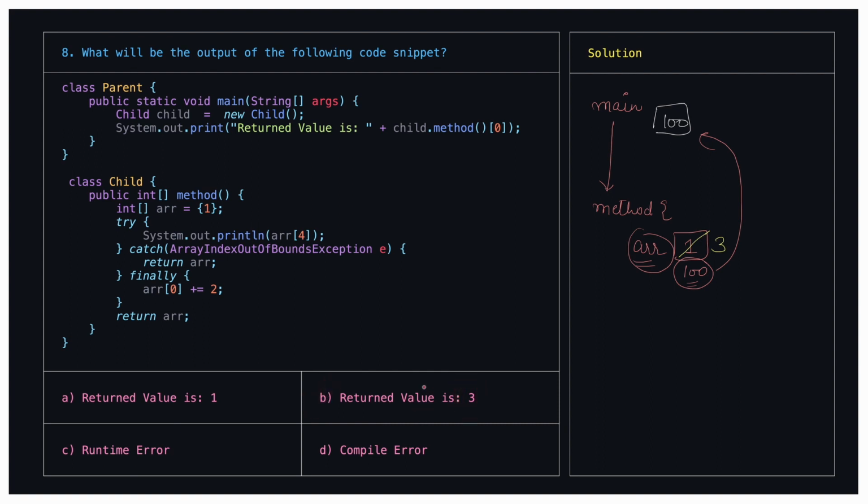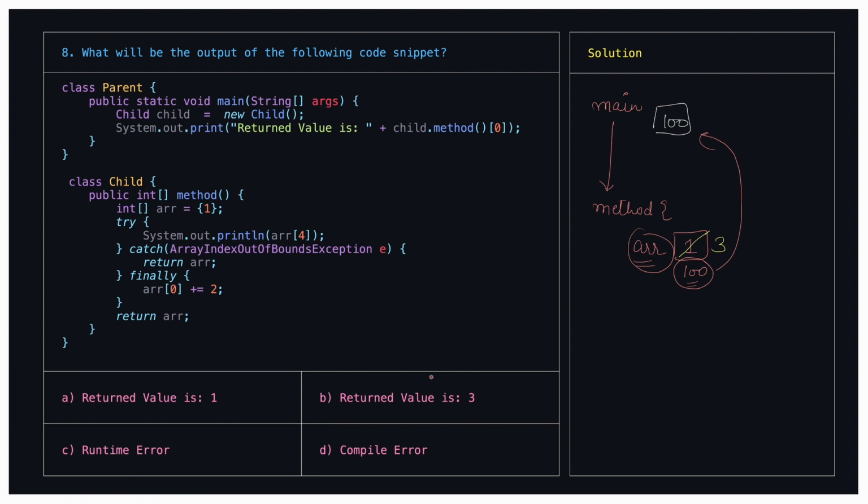Right? In the previous case we were dealing with the value. It just returned the 0th index value. So the returned value was 1, and the function call was holding that 1 only until the finally block was completed. But in this case it has returned the address, so it is holding 100, and then in the finally block we are updating the value at address 100.